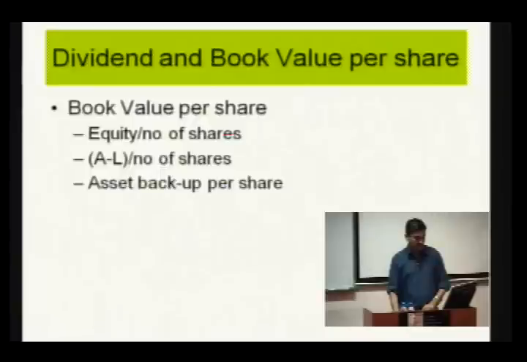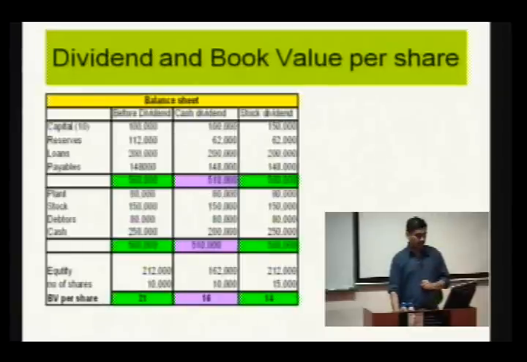Let us take the example once again. So, in the previous examples we saw cash dividend reduces the reserves, stock dividend also reduces the reserves, cash dividend reduces the cash, but in the stock dividend the cash is not changed, however, the capital is increasing. As a result, the number of shares in cash dividend remains the same, but the number of shares in stock dividend goes up.